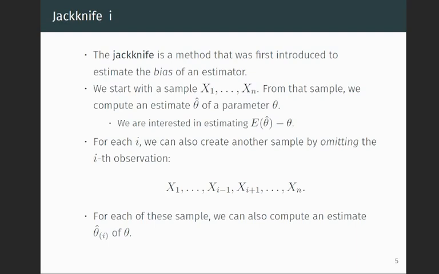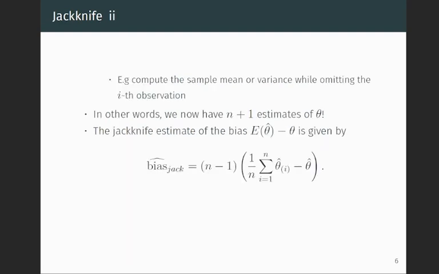And we'll call this estimate theta hat sub (i) in parentheses. So now what we have is essentially n plus 1 estimates. And they're all sort of coming from the same distribution. So we can use this to gain information about the sampling distribution of theta hat.